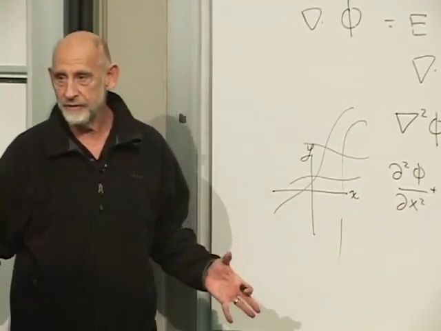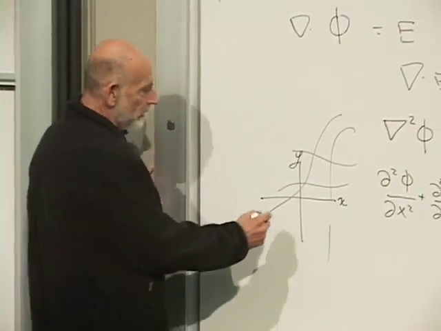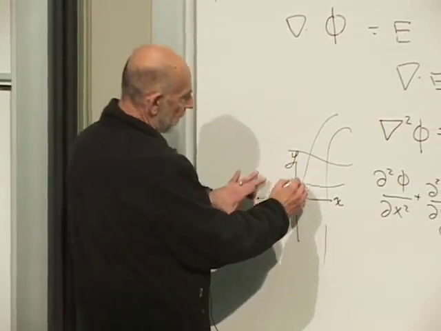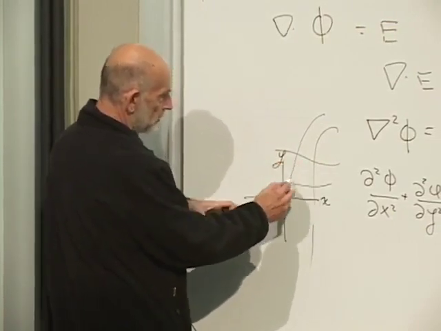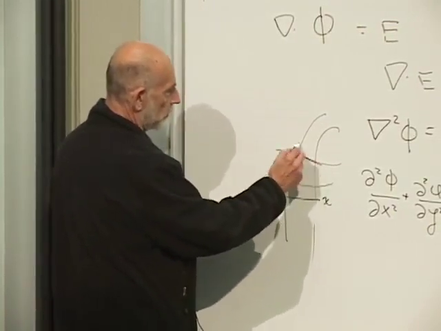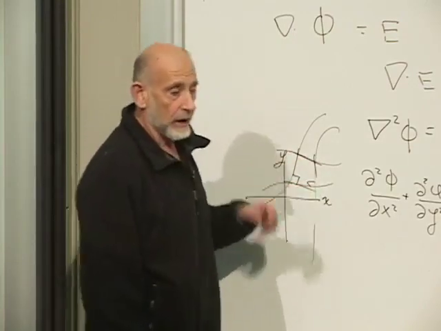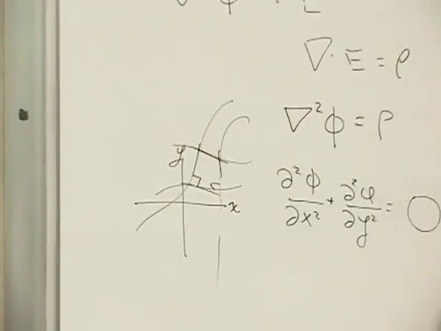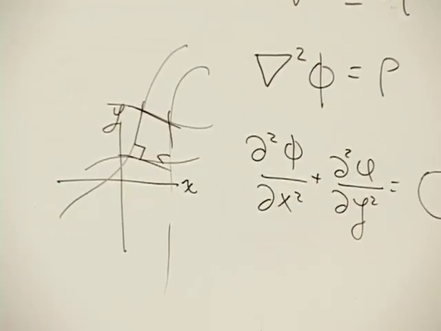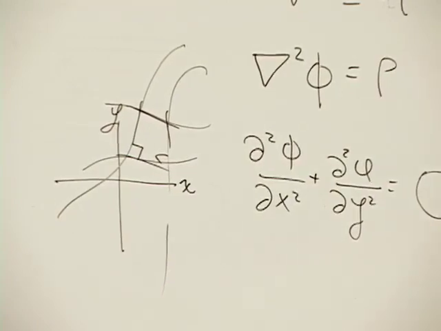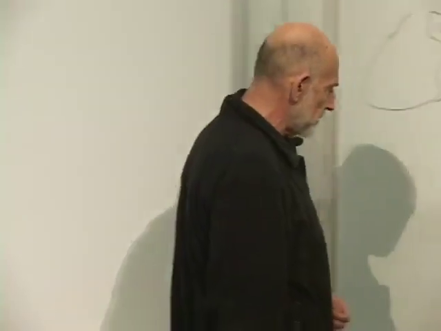Conformal means angle preserving. In other words, angles between curves in the new coordinates are the same as between the old coordinates. Those are conformal mappings.